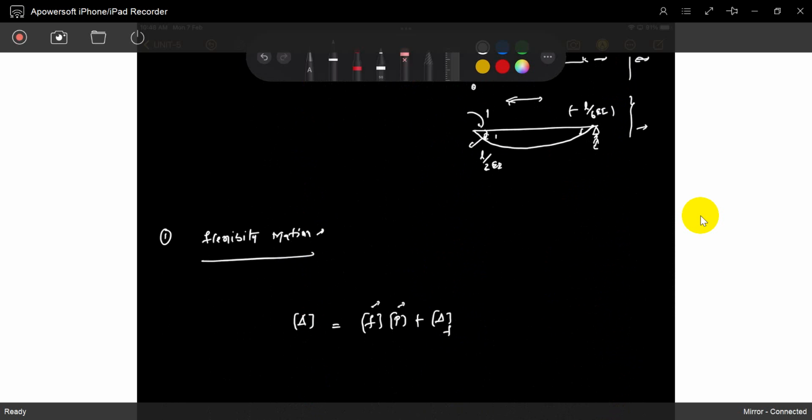This is the unknown forces, and here the free deflection diagram. The final deflections here you will get 0, 0. Here also the final deflections you will get 0, 0, because those are the deflections you arrested here.